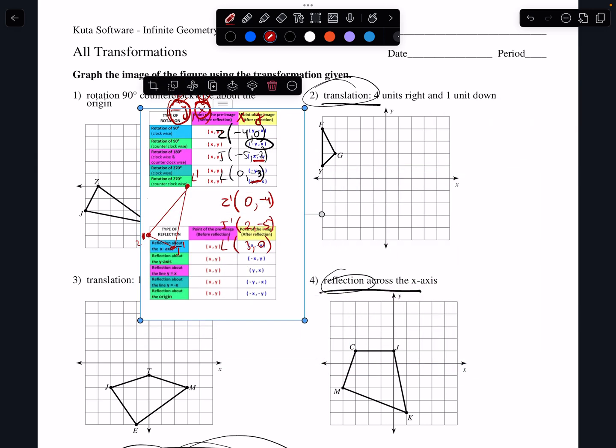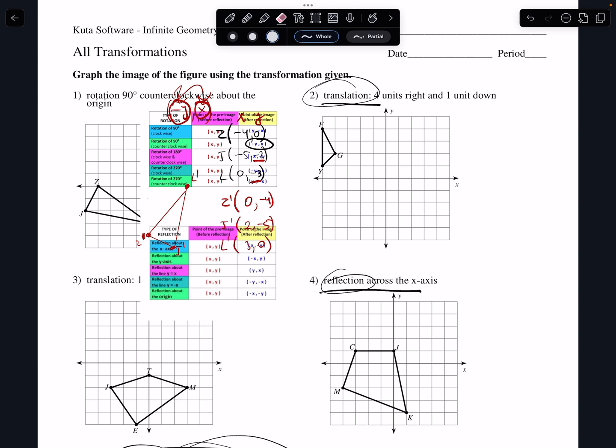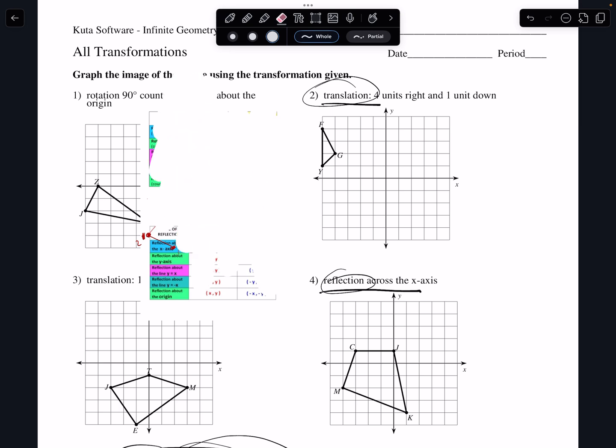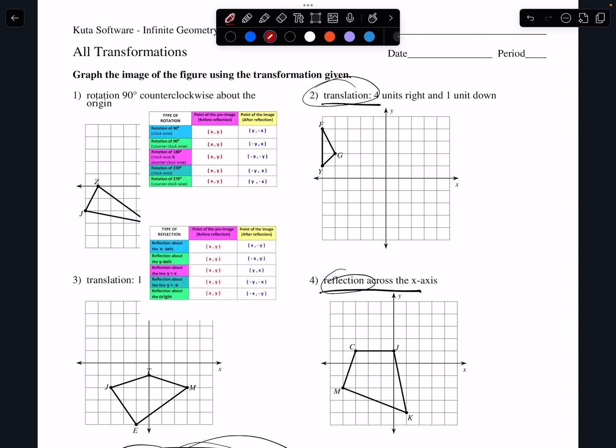Now, in terms of translation, you don't really need to look too much at the rules here. All you have to do is just follow along with what it's asking. If it's asking for 4 units right, we're going by the x, right? If it's asking 1 unit down, we're gonna subtract from the y.